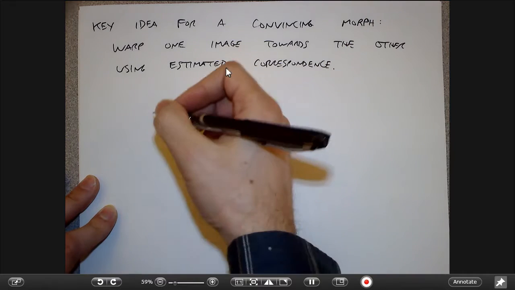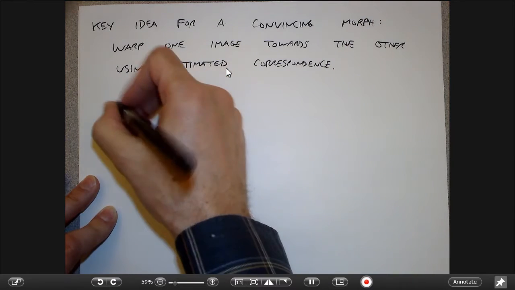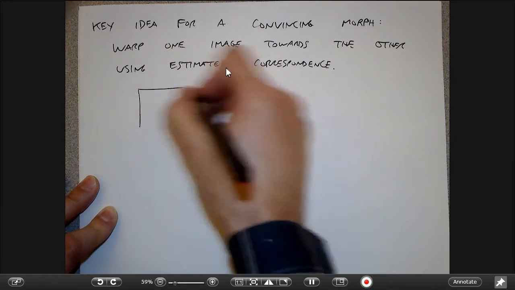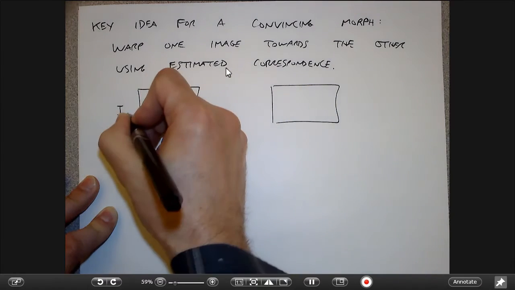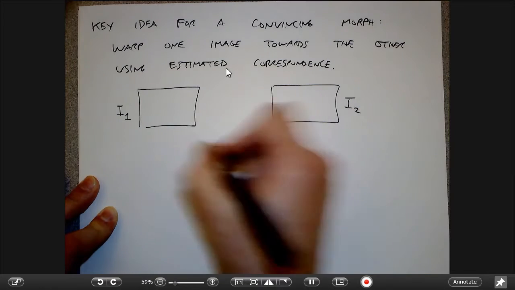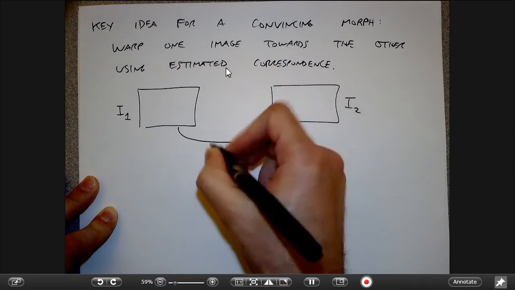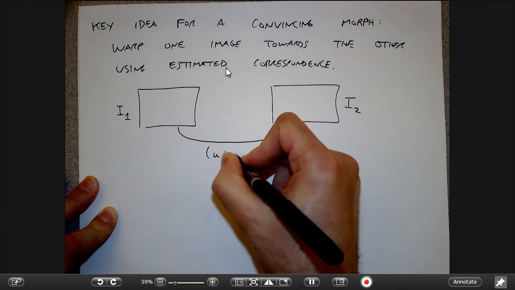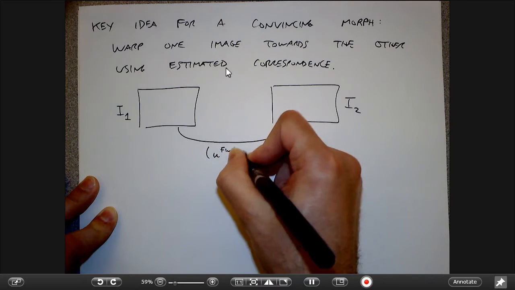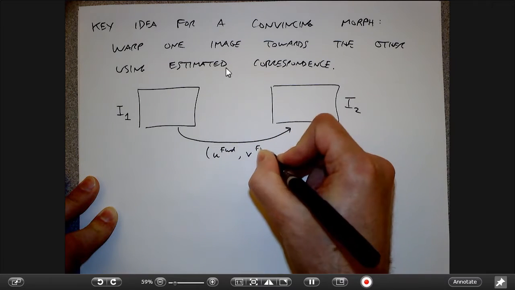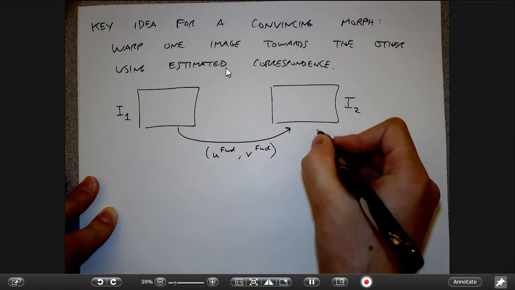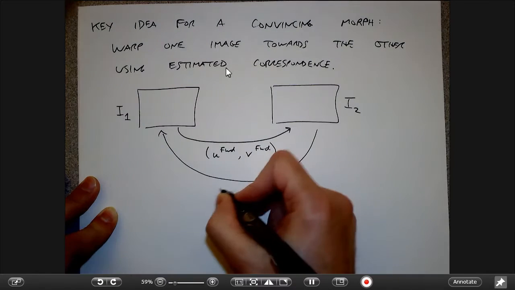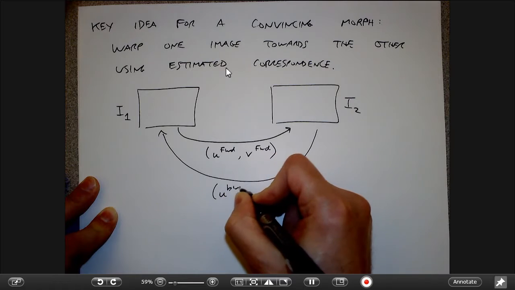So that means, for example, let's say I have two images. Going this way, I have some sort of optical flow field that says, this is how I push pixels over towards image 2. And going this way, let's suppose I have some sort of backwards optical flow field.